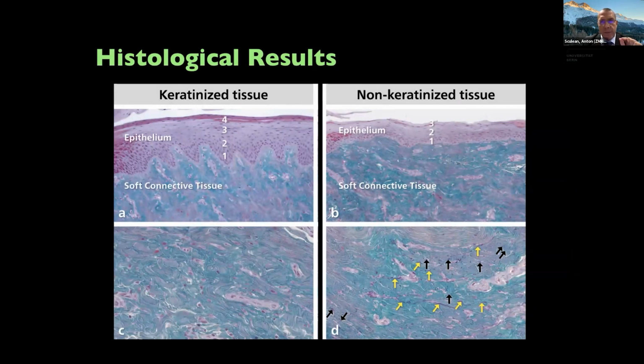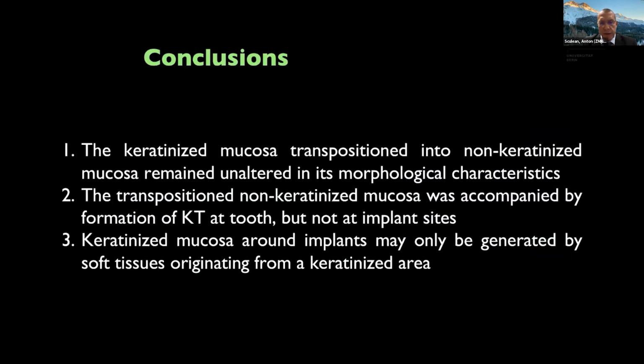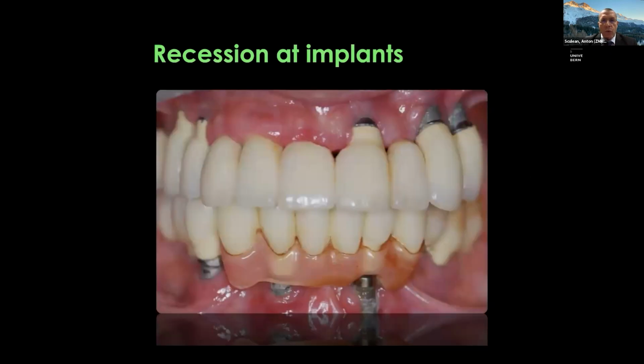Because the tooth has a periodontal ligament, and the periodontal ligament cells have the biologic potential to induce keratinization. And this is very important. So one important conclusion for us as clinicians is that once an implant is losing the keratinized attached mucosa, this mucosa will not regenerate by itself, but we need to use a graft that will enhance keratinization, okay?